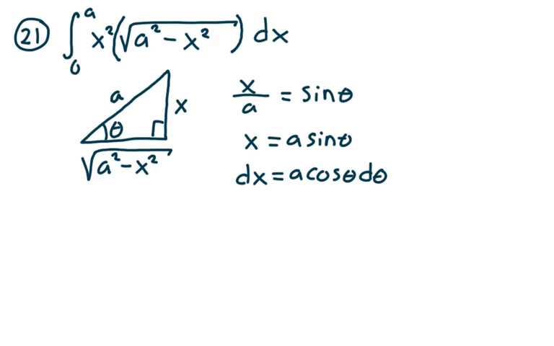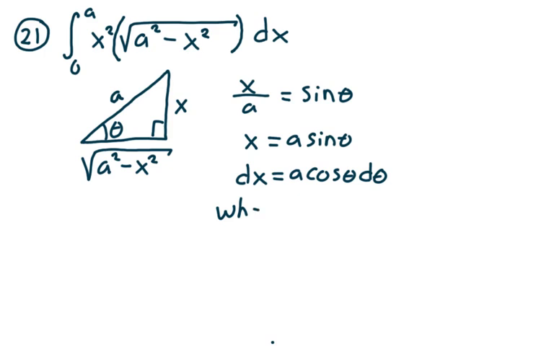Now, we still have to transform our limits in terms of theta, and then I need to get an expression for the square root of a squared minus x squared, but we'll get that in a minute.